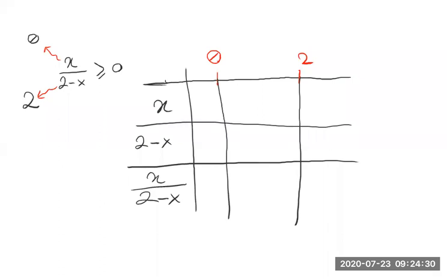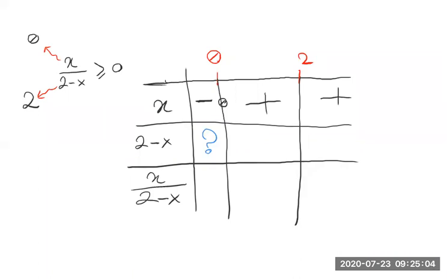Okay. Here, before 0, x is negative. Well, at 0, of course, x is 0. Between 0 and 2, x is positive. After that, x is also positive, right? What about here?